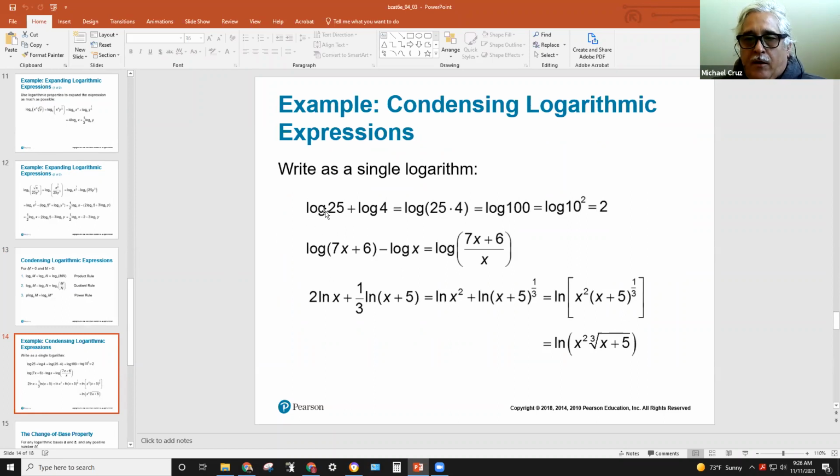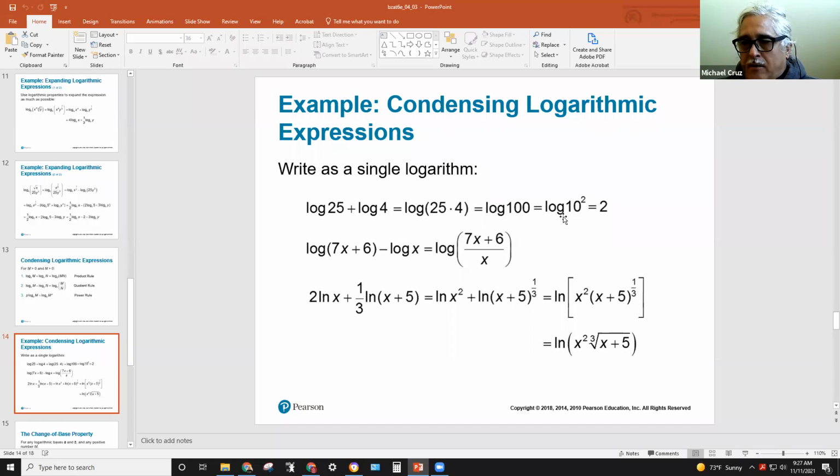So we've got log 25 plus log 4. Let's put it back together into one logarithm. They're being added, so we just multiply the 25 times the 4 and have log of 25 times 4, which is log of 100. And then this can be written as 10 squared. Remember, the same thing applies that we just looked at. This is base 10.